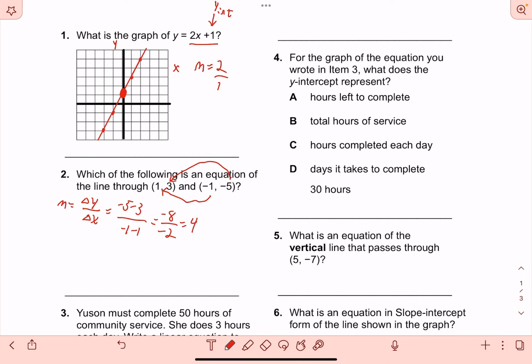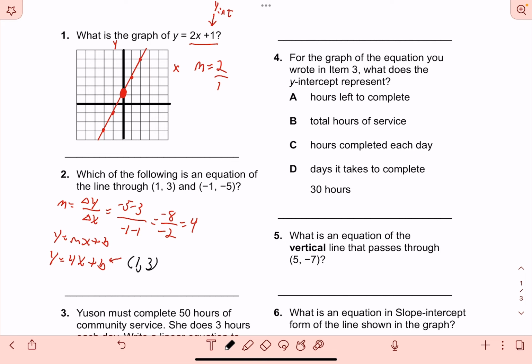We have the slope. Now we just have to choose one of the points. Most students prefer to use the slope-intercept form, y equals mx plus b, where m is 4. The only thing we don't know is what b is, but we're going to use the ordered pair. I'm going to go ahead and choose 1, 3.